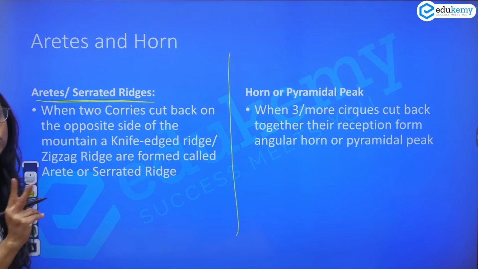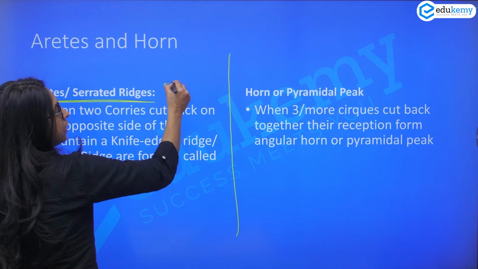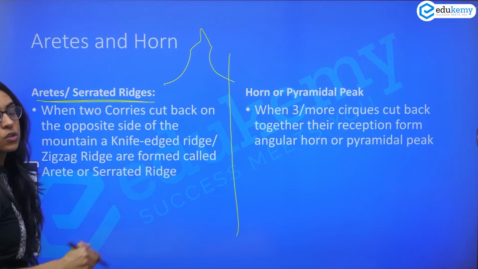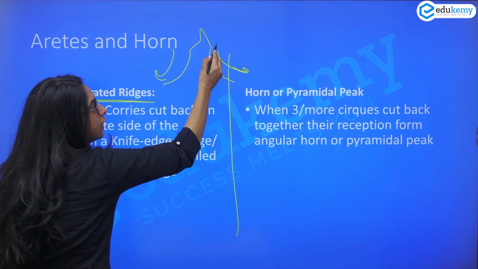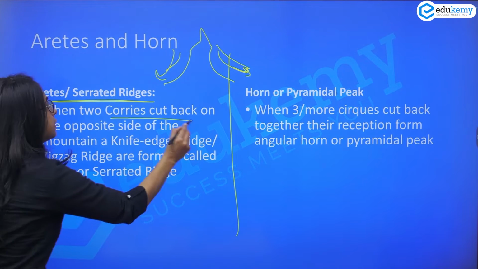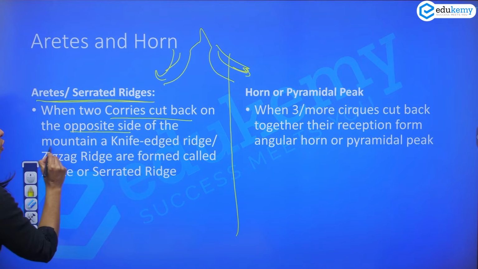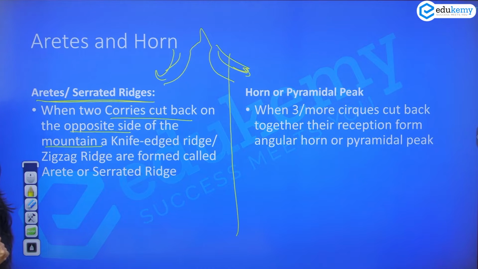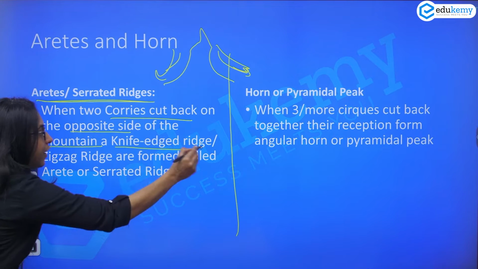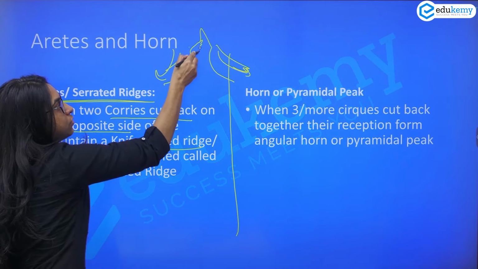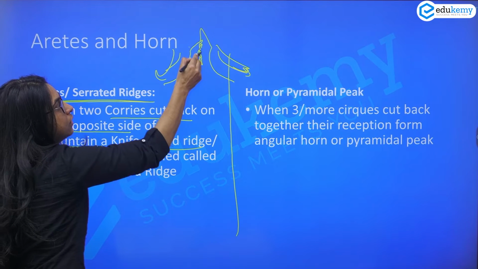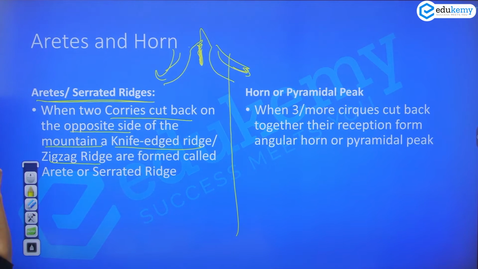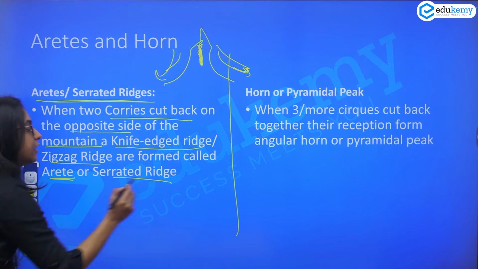So when two quarries, one quarry is cutting back this side, the other quarry is cutting back this side, on the opposite side of the mountain, a knife edge ridge is created. A zigzag ridge is formed, that is called arete or serrated ridge.